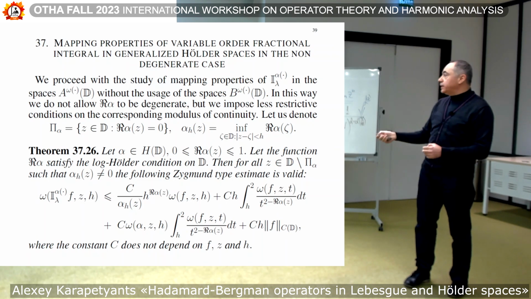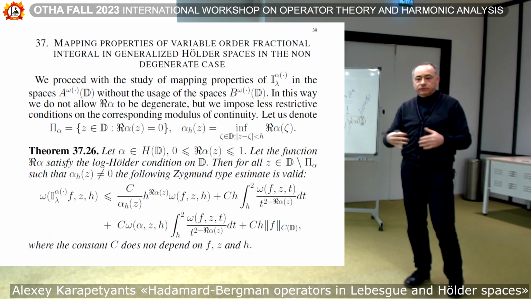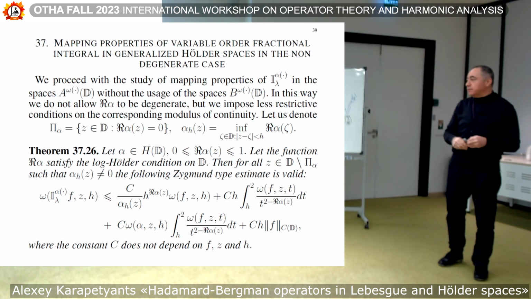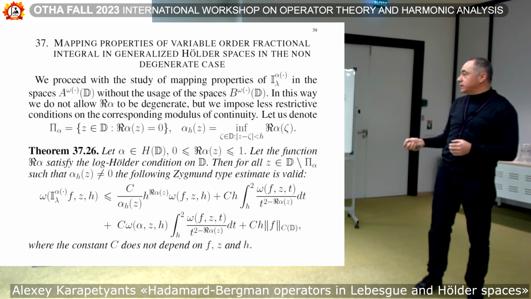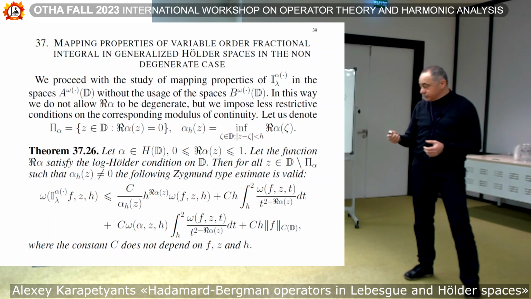Otherwise, if we don't allow the real part of alpha to be 0, then we can loosen the conditions. We can allow the conditions on the modulus of continuity to be mild. We need this kind of Zygmund type estimate for the modulus of continuity of the potential operator. You can see how, incorporating this infimum, it goes into the Zygmund estimate, and from this Zygmund estimate it's easy to obtain the boundedness condition.